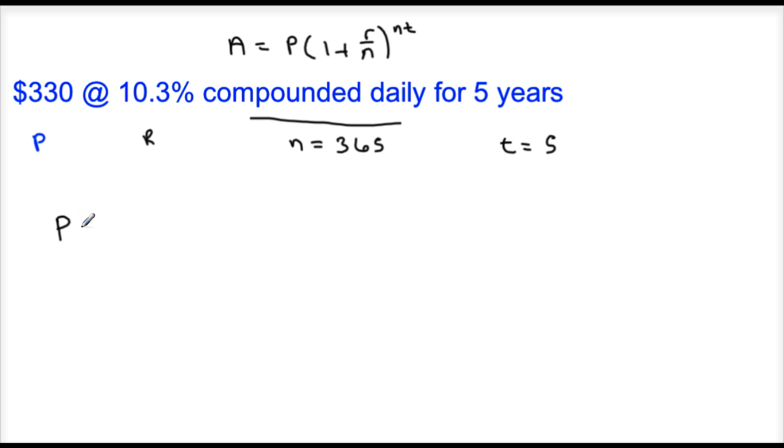Formula. A equals $330 times the quantity, 1 plus 0.103 divided by 365, close my parentheses, to the NT power, so 365 times 5 power.